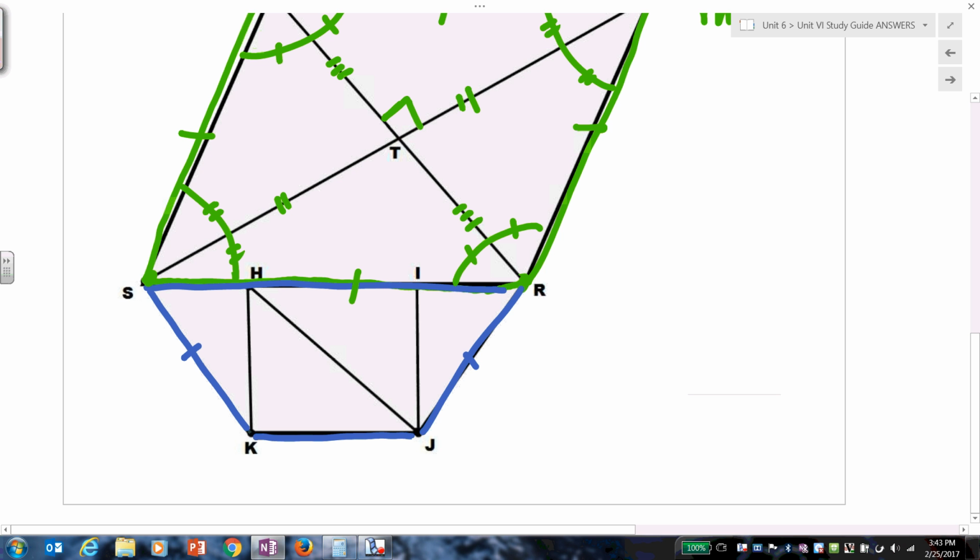I also know that the base angles are equal, so this angle over here is equal to that angle, whatever it is, and this big angle here is equal to that big angle there, whatever it is. That is an isosceles trapezoid.